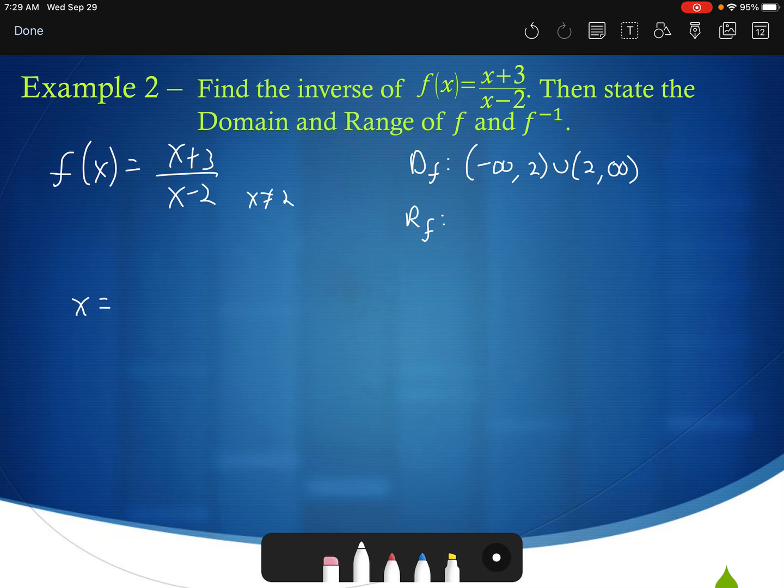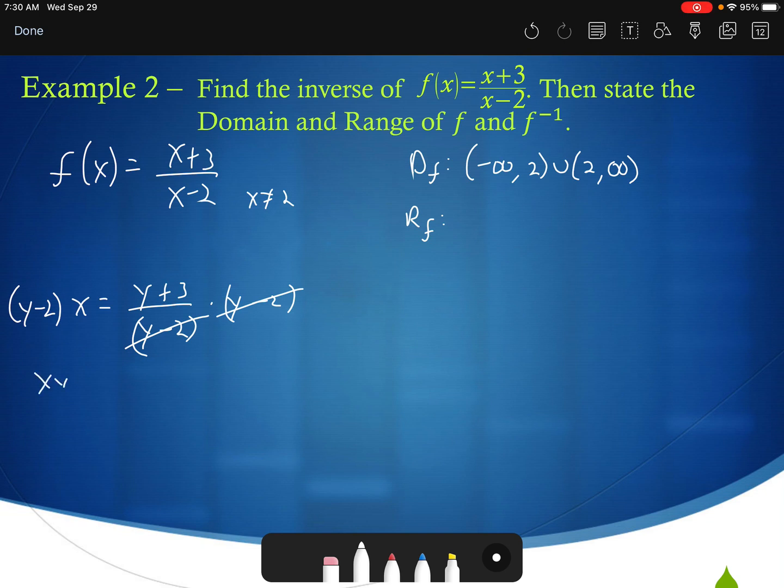So we switch x and y if we're going to find the inverse. Now this is a little tricky algebraically, so stay with me. The first thing we want to do is multiply by the denominator to get rid of fractions. Then what do we do? Well, we've got to get our y's together.